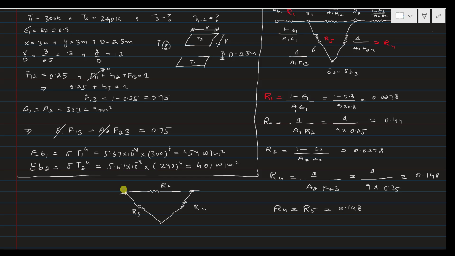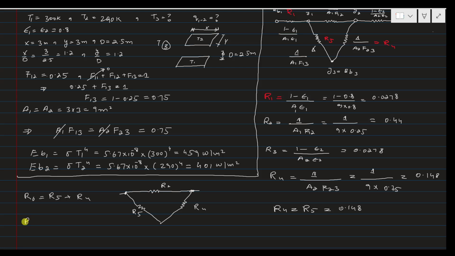So this is the J1 node and this is the J2 node. From node 1 to node 2, the resistances R5 and R4 are in series with each other. So its net resistance, that is R6, is the sum of R5 plus R4.